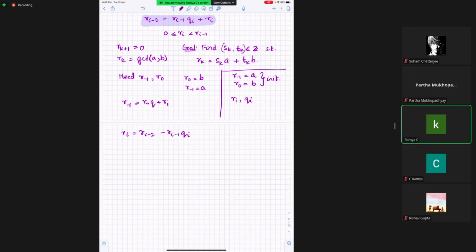So now I know that this thing here can be written as some S_{i-2} times A plus P_{i-2} times B. Similarly, this number here can also be expressed like that. So I will just simplify this and regroup, and I'll get A is S_{i-2} times.